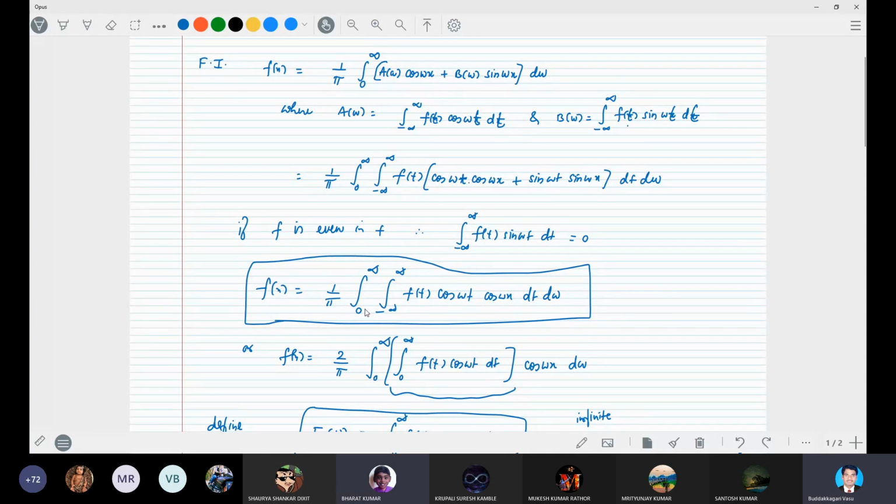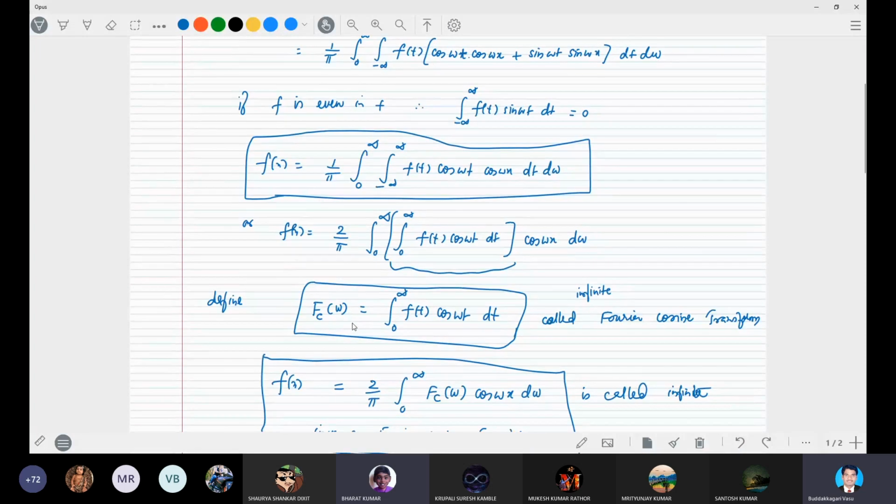No, sir. Don't only observe the limits. You can observe the coefficient also. What is the coefficient? Is it 1 by pi? If you want minus infinity to infinity, then you may put 1 by 2 pi. Okay, sir. Right, sir. Good.